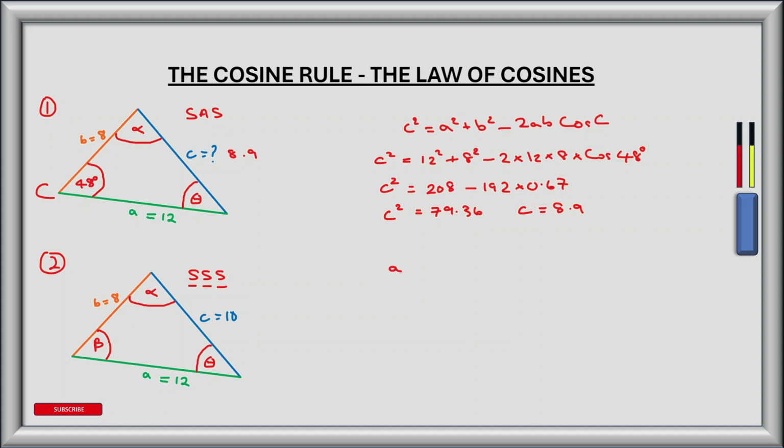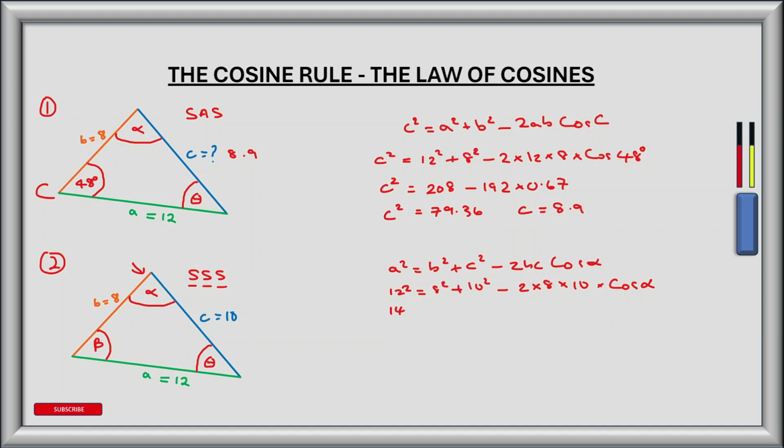We can say a squared is equal to b squared plus c squared minus 2bc, and the cosine of angle alpha, the angle here. So if we plug the numbers into this equation, we have a squared, 12 squared, is equal to b squared, which is 8 squared, plus c squared, 10 squared, minus 2 times 8 times 10 multiplied by the cosine of alpha.